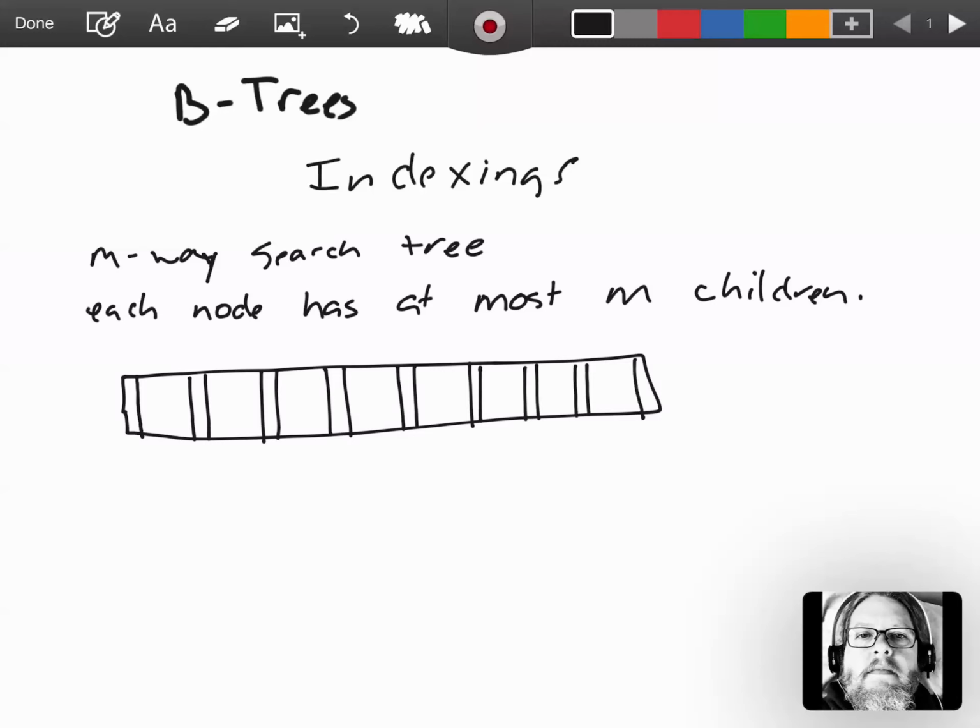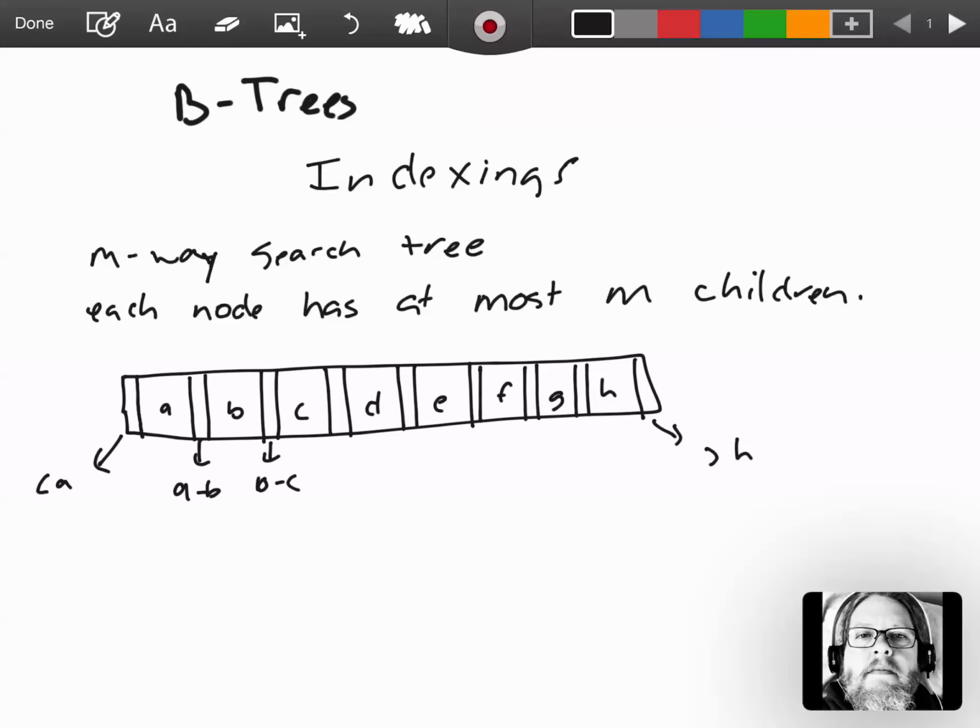So you have values here: an A, a B, a C, a D, an E, an F, a G, and an H. All of these would be values of some sort. And the links here, this is going to be things that are less than A. This link is going to be between A and B, this is between B and C, and so forth until this is greater than H. That's the general way these look.